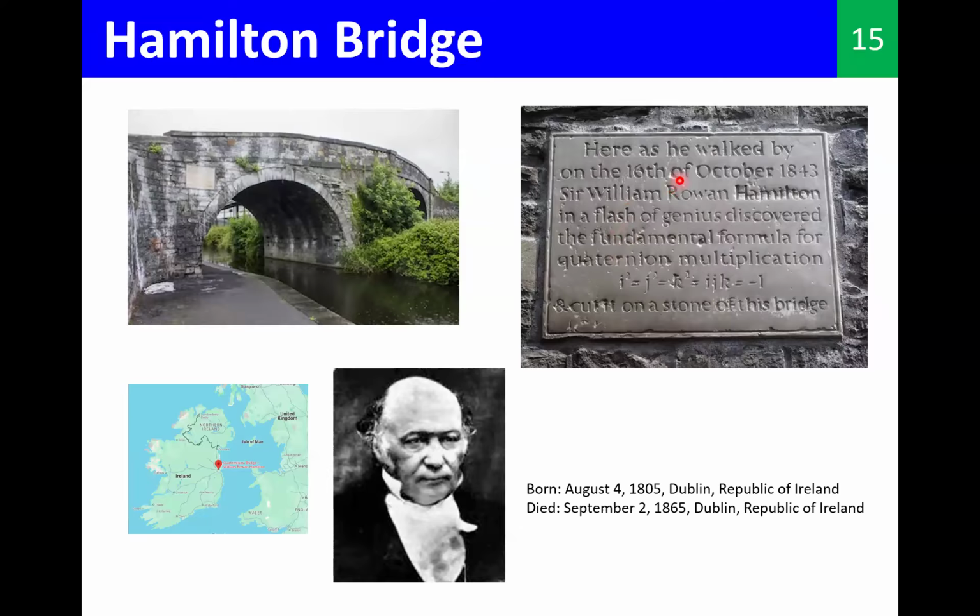It says here that he, as he walked by on the 16th of October 1843, in a flash of genius, discovered the fundamental formula for quaternions. So these are the products he wrote down on the stone of the bridge, right? Okay, so I think now we are also curious to know what these quaternions are. So let's dive in to the.